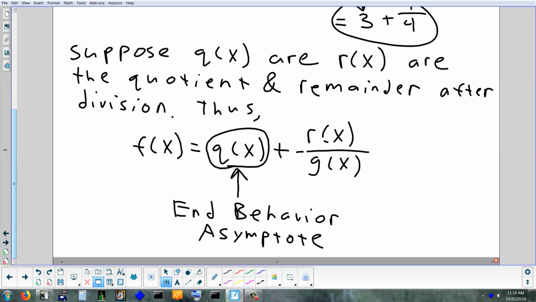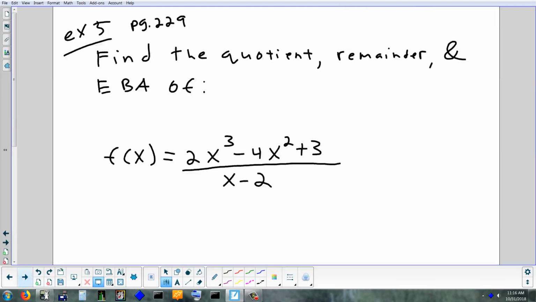So to find an end behavior asymptote, do the division, and whatever you get for the quotient, that's the answer. So we're going to look at one right now and see if we can figure out the end behavior asymptote. All right. So find the quotient, the remainder, and the end behavior asymptote of this problem.